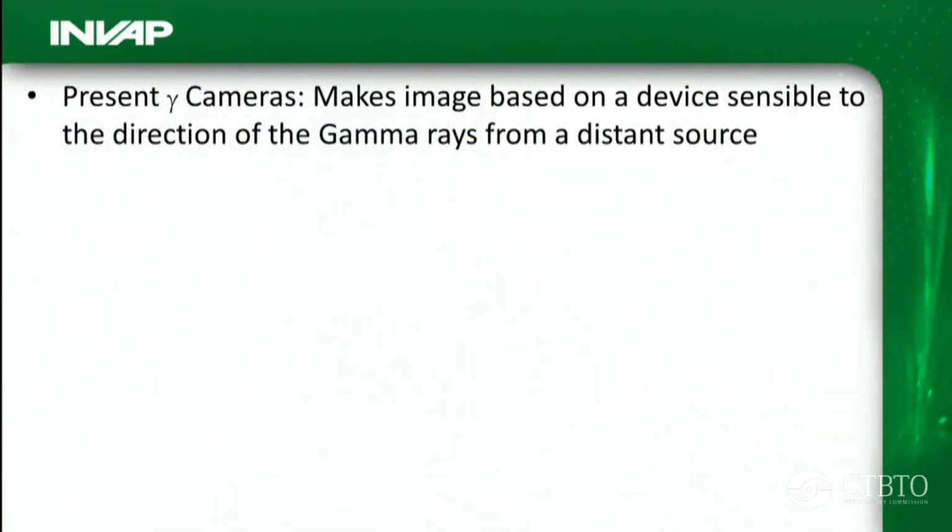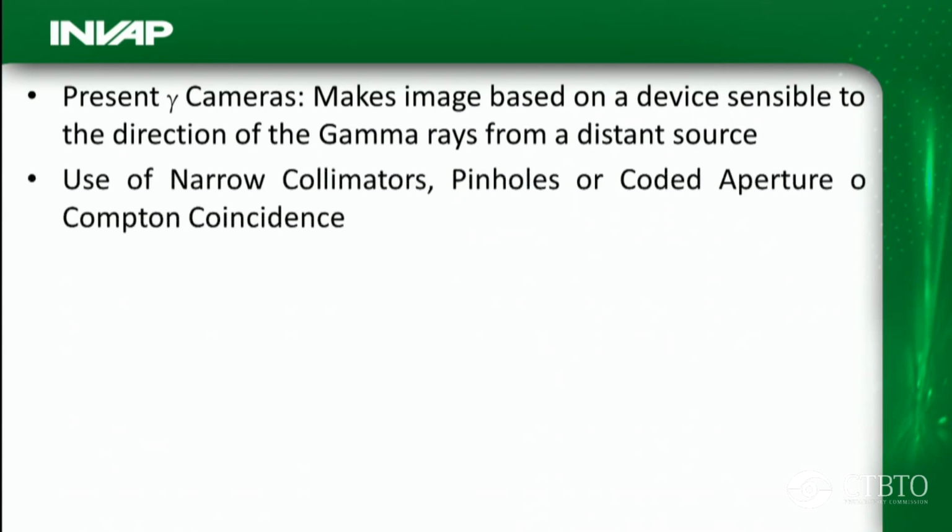Present gamma cameras are based on different ways of producing the picture. There are several cameras available in the market. They use several types of collimation techniques. One type is pinhole cameras. Other cameras are coded aperture cameras.